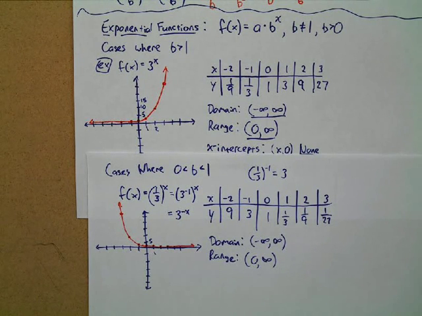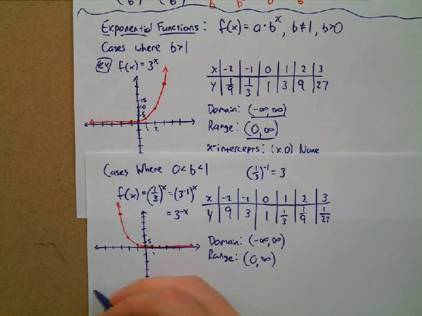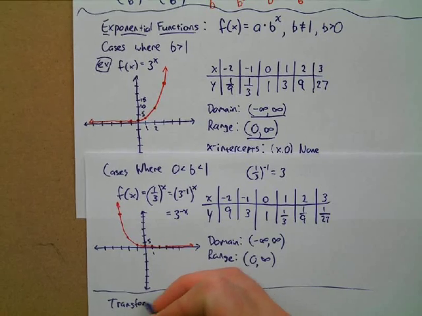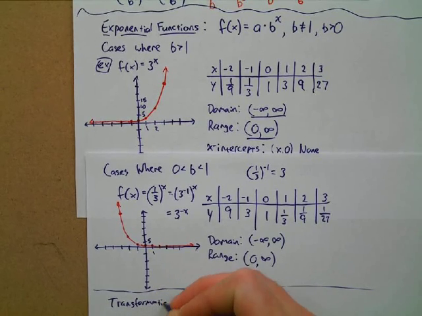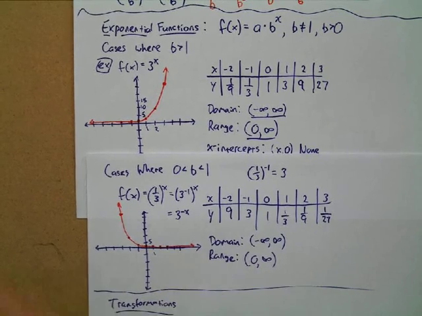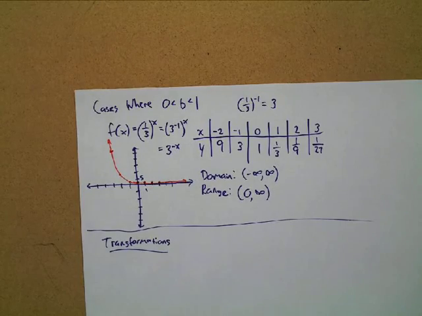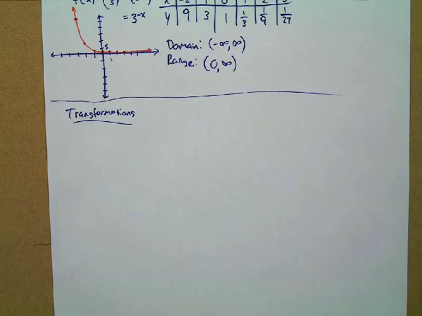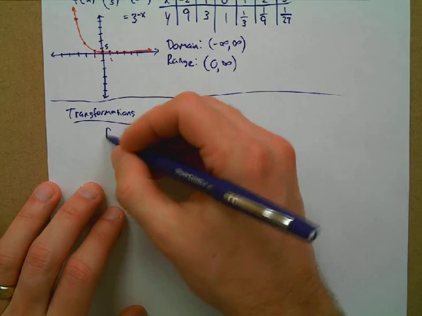Alright. So let's just talk about the function f of x equals 2 to the x. And compare it to g of x equals 2 to the x plus 1.